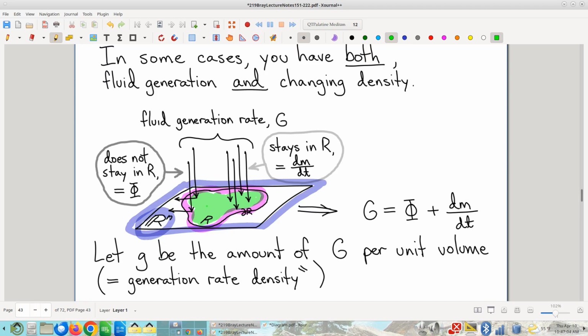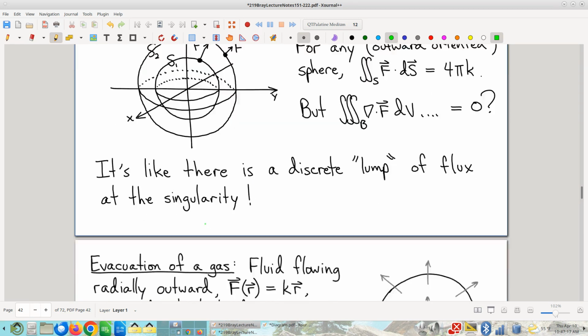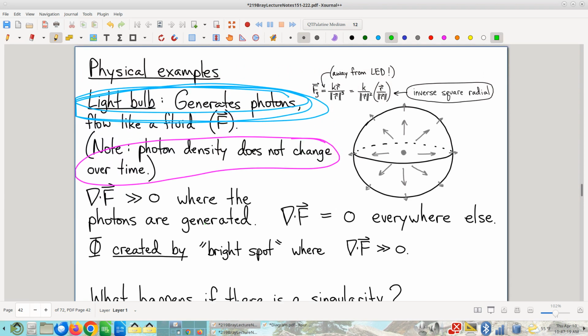Why am I drawing a 3-dimensional thing as a 2-dimensional thing? The reason is because I like to have a visual opportunity to represent the generation of fluid. And we need that because, again, light bulbs, that's what they're doing. Light bulbs literally create fluid.